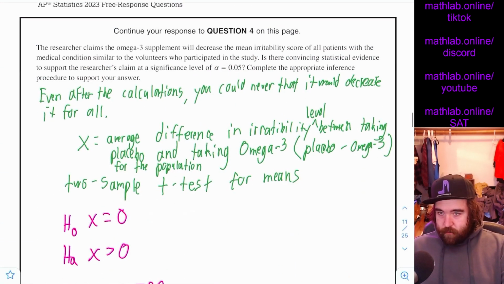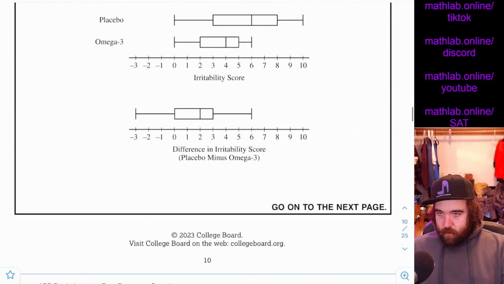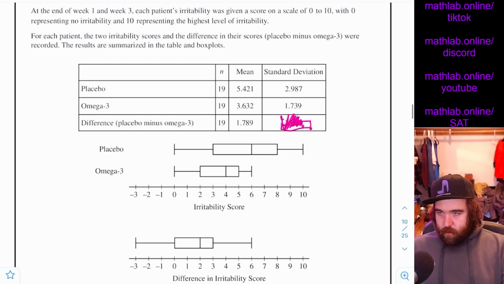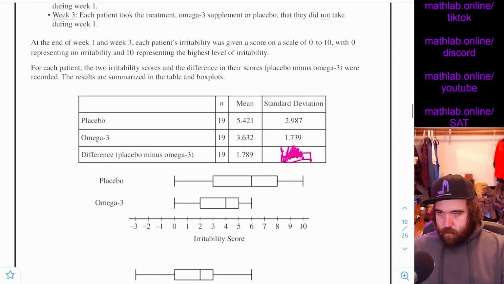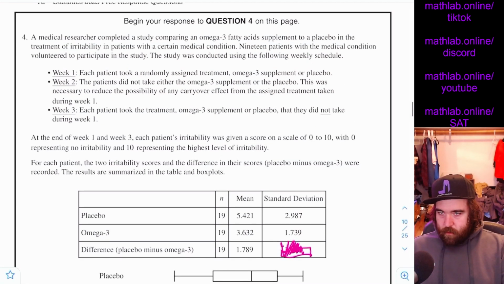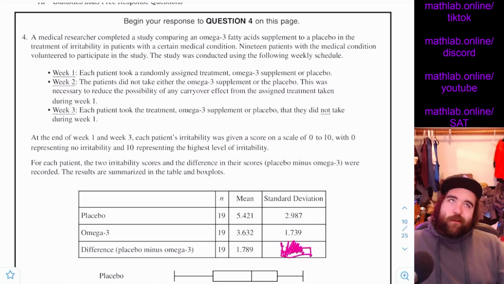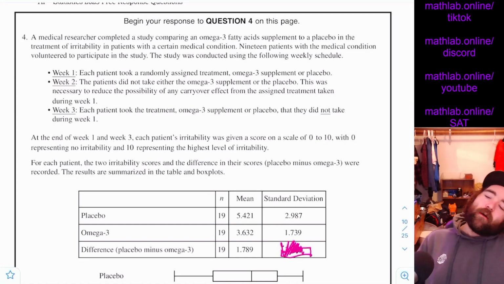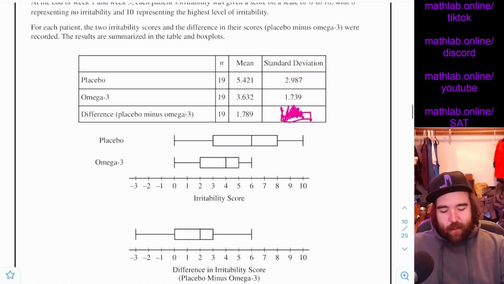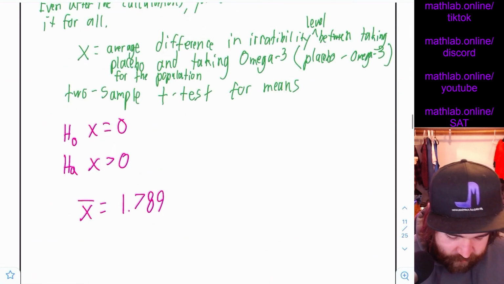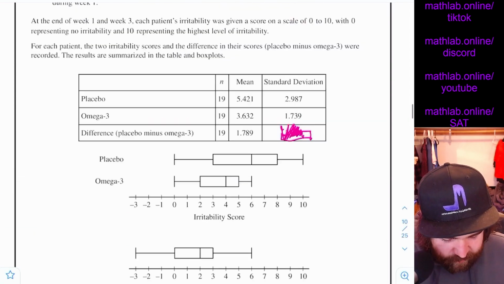Doesn't say, does it? It's really just a 1-sample, isn't it? But no, because they're calculating it. That's tough. I might look that up later, see what other people think. I think it's going to be a 2-sample. I'm going to run it as a 2-sample.